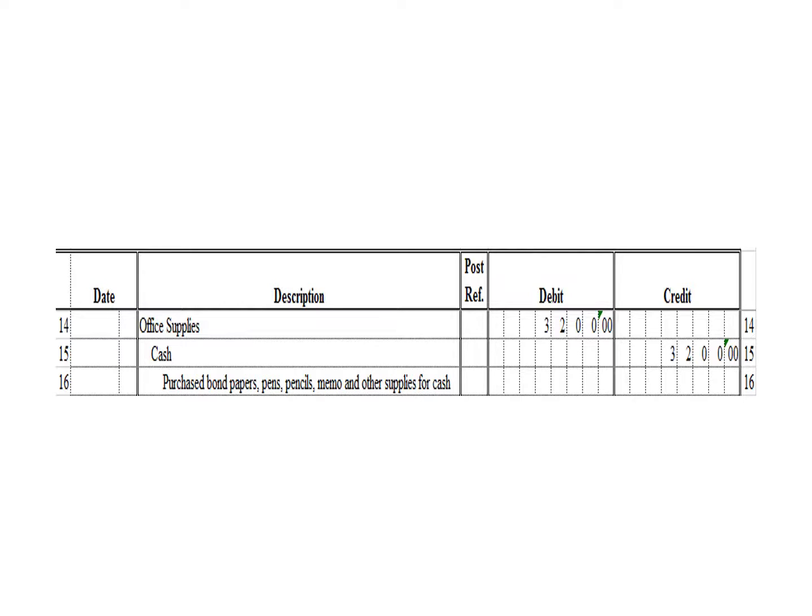It is understood that this transaction is also a March 4 transaction. So we just have to debit office supplies, 3,200, credit cash, 3,200 because cash was decreased. Then write the description, purchase bond papers, pens, pencils, memo, and other supplies for cash.